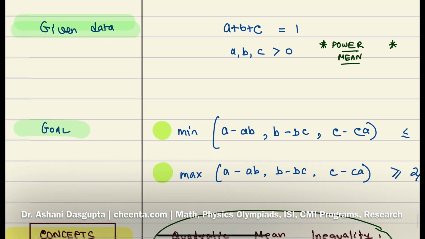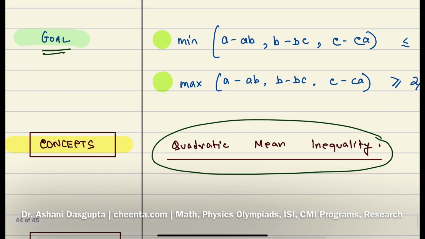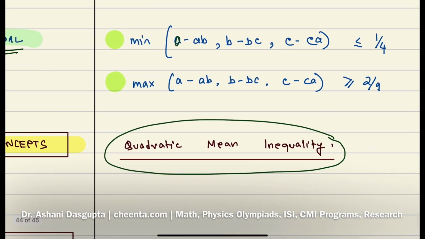Now, with this given data, what is our goal? Our goal is to show that the minimum of these quantities, a minus ab, b minus bc, c minus ca, the smallest of these 3 numbers will be at most 1 by 4.